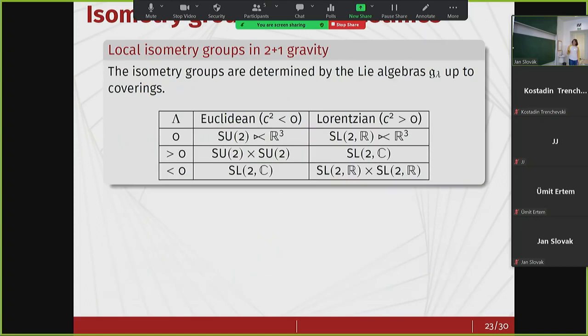In the setting of non-pure gravity, you like to include point particles, which generate cone defects in the spacetime. So if you want to solve 3-dimensional gravity, this is discussed in some detail in the seminal paper by Witten from '89.